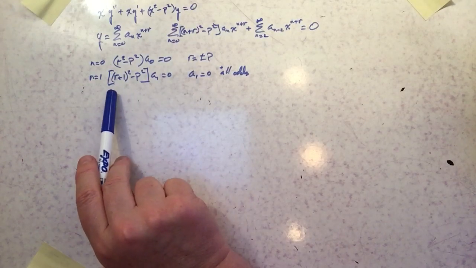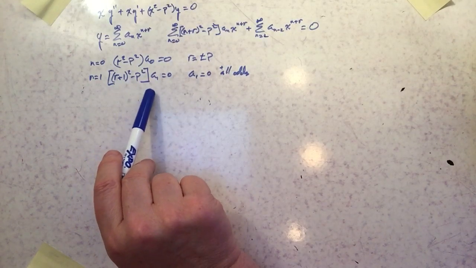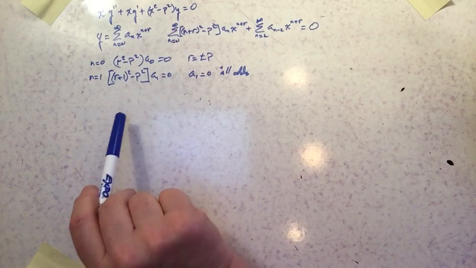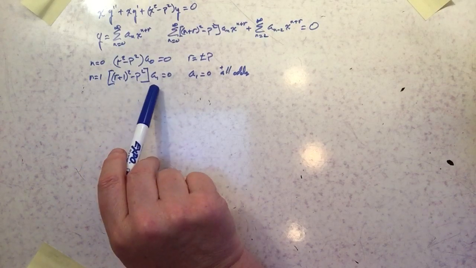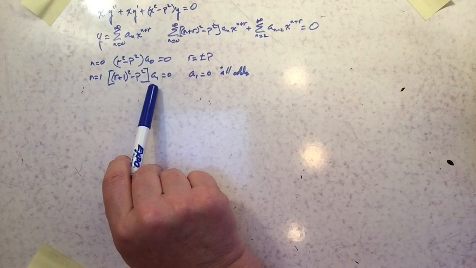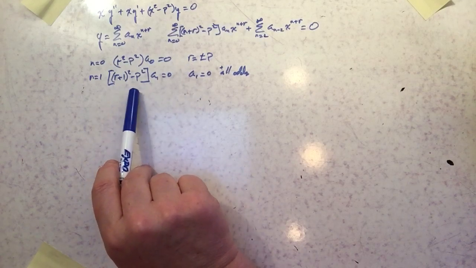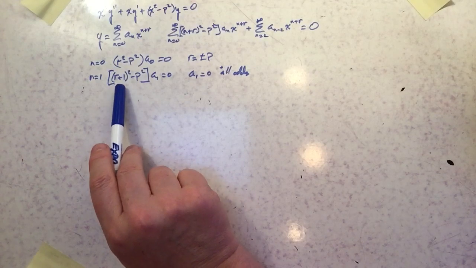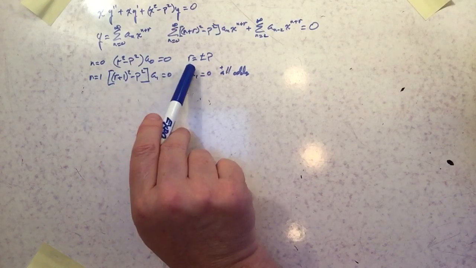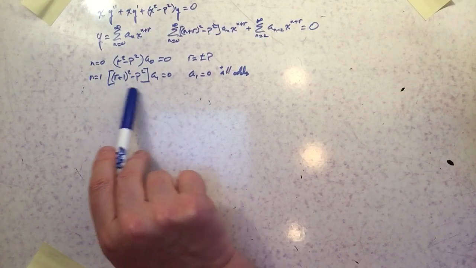When n equals 1, also the first term is the only one that produces any portion of the series. And now it's r plus 1 squared minus p squared, a1 equals 0. In this case, we're in a kind of a bind. Whether I want a1 to be 0 or not, the value for r is already chosen. It's equal to p. And if you look, p plus 1 squared or 1 minus p quantity squared, no matter what I substitute in for r, these aren't limited to being 0.